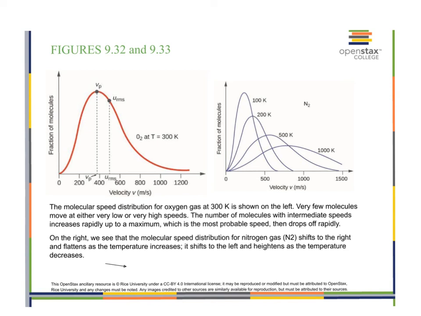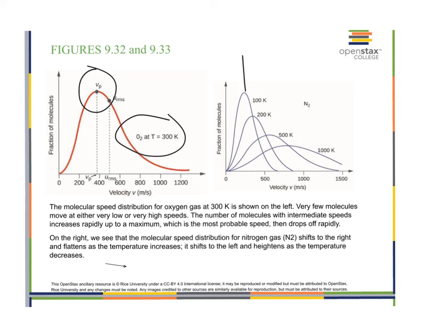So in a typical diagram, you're going to look at a given temperature, and so this is oxygen at 300 K, and you see the average speed is right in here, and then it falls off pretty quickly, picks up pretty quickly, and you have this average velocity.